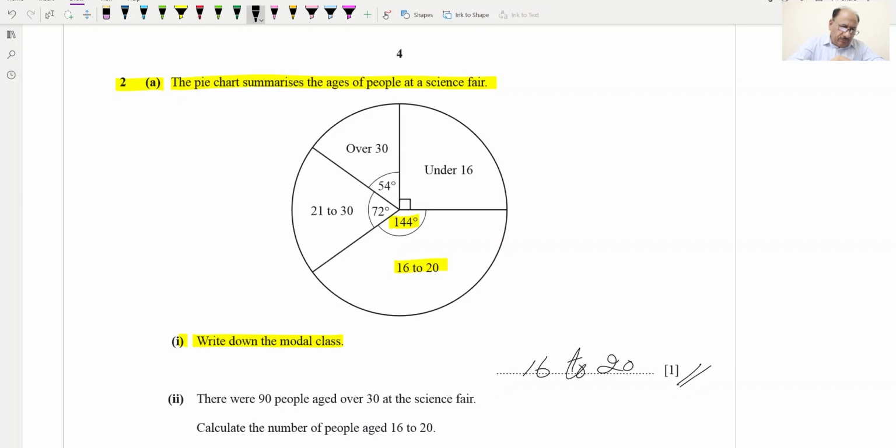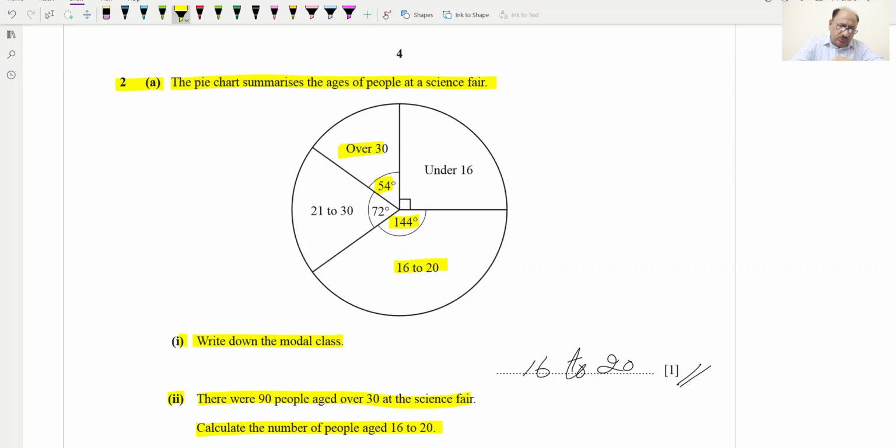And for the second part, there were 90 people aged over 30 at the science fair. So over 30 is this one, the angle is 54, and these are 90 people. Calculate the number of people aged 16 to 20.